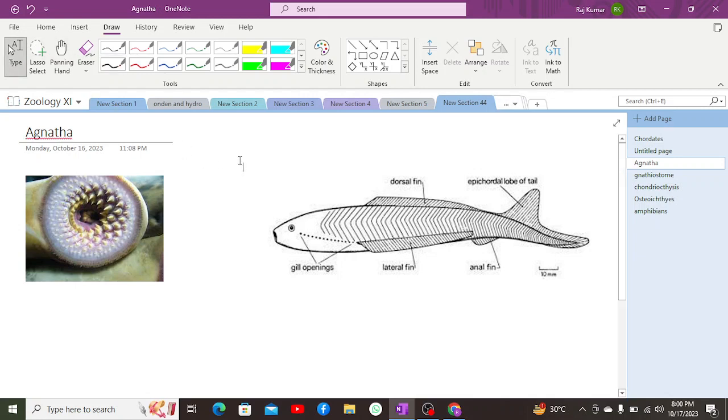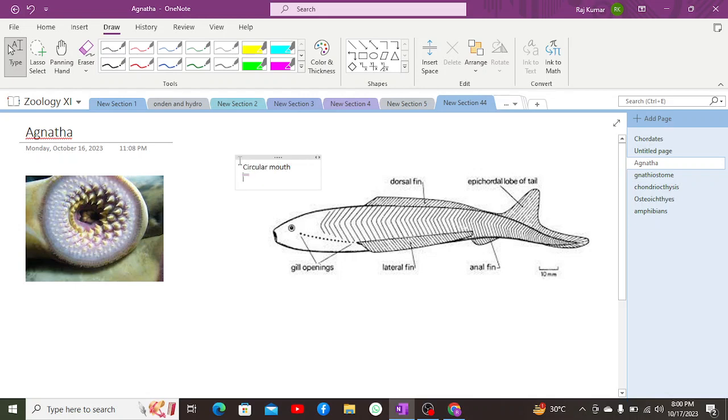Apart from that, when it comes to their characteristics, Agnatha is a superclass or division which includes fishes which are without jaw, as well as having a circular mouth.